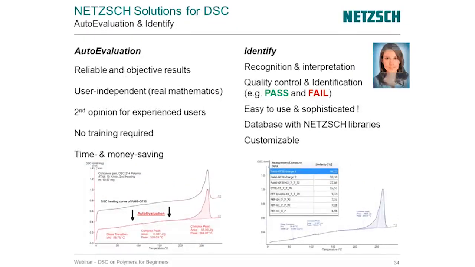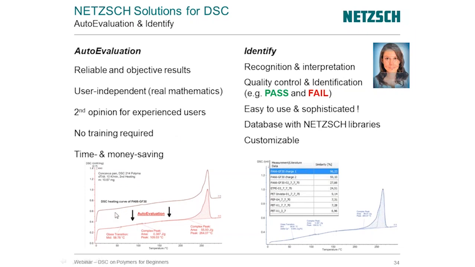I mentioned this auto evaluation and identify. Now, this is really, really cool in the DSCs. You can essentially, with the push of a button, get reliable and very objective results by the computer to identify transitions. So it takes a lot of the guesswork out of the evaluation process, and that's built into the software. It's user independent now. It operates by mathematics to identify the transition points.